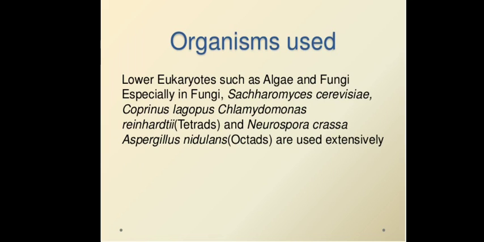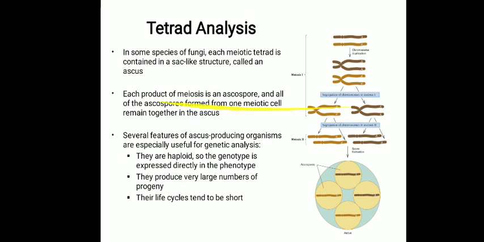For example, lower eukaryotes such as algae and fungi, especially fungi like Saccharomyces cerevisiae, Sordaria, Chlamydomonas reinhardtii, and Neurospora crassa or Aspergillus nidulans are used extensively for tetrad analysis.